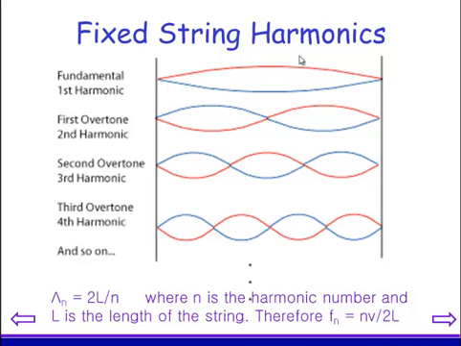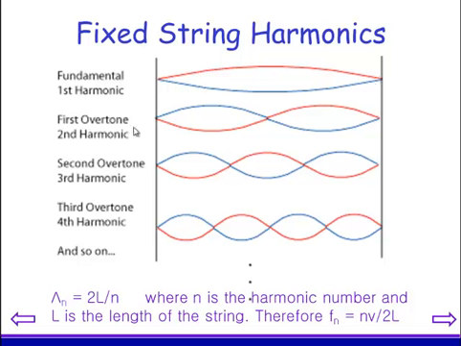Now, these waves are specific because, for a fixed string, they have to have a node at either end of the string. So there's a requirement of this situation. If we look closely at the patterns here, we can see that on the first harmonic, the wavelength of the wave is going to be twice the length of the string.